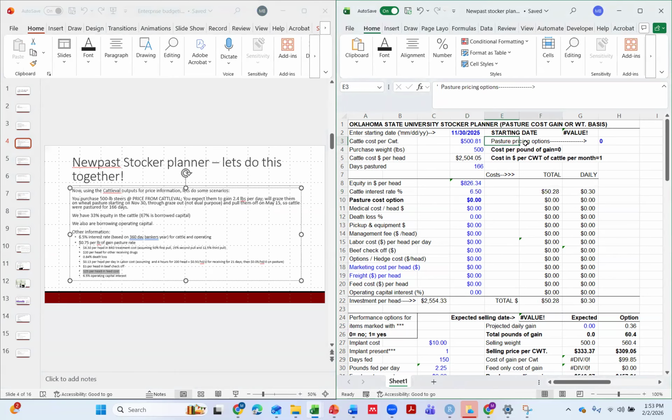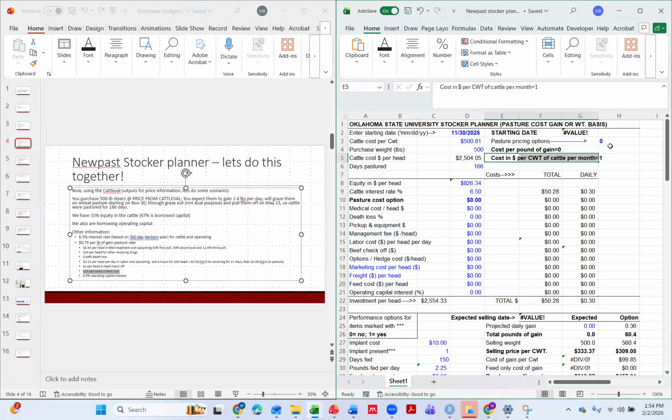Here I can set which pasture pricing option we're going to use. For this class, we're always going to use this zero option, a cost per pound of gain basis. You're not going to change this for this class, but you could if you wanted to operate off of some dollar per hundredweight of cattle per month.